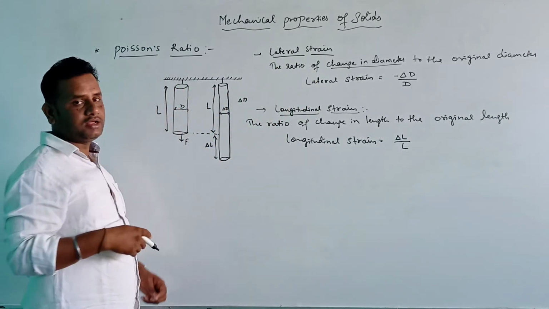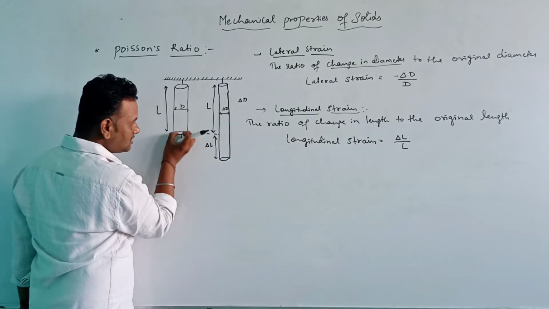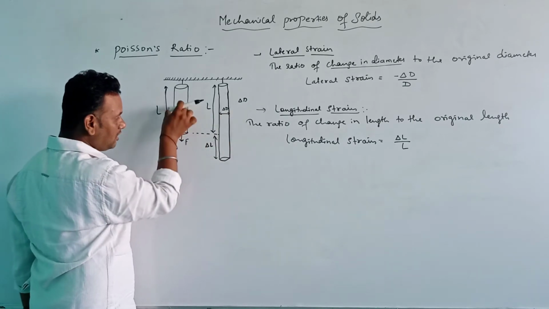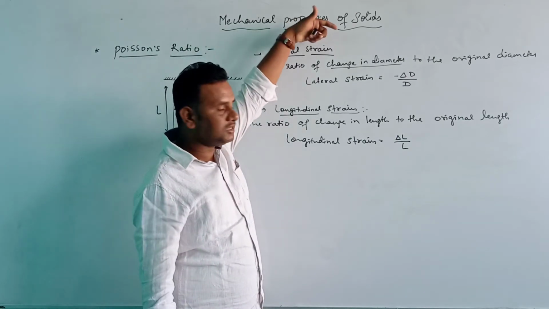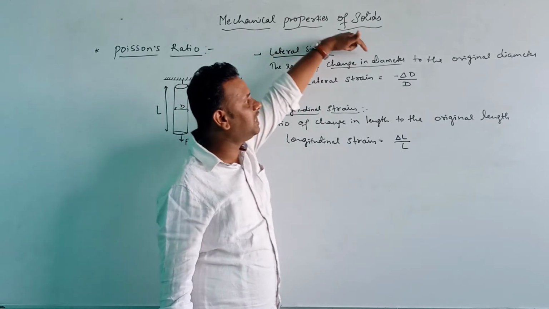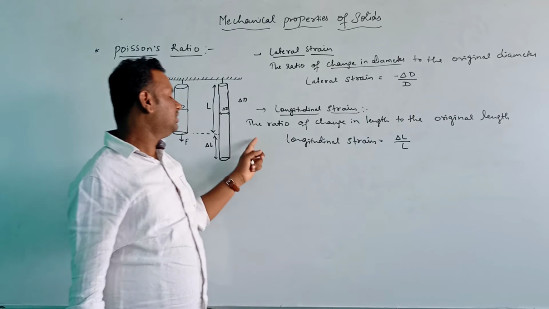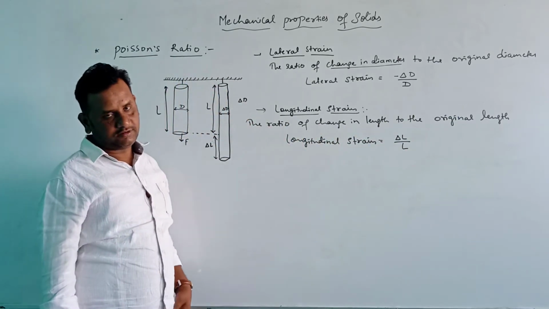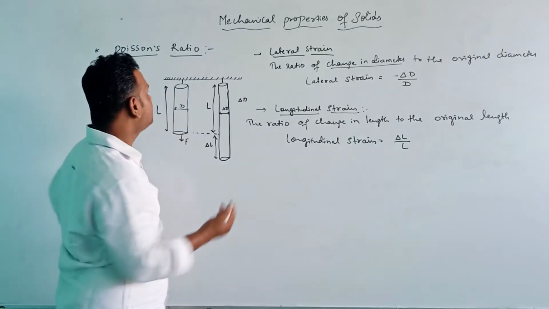In lateral strain, the diameter decreases: when we pull the bar downward and stretch it, the diameter decreases and the length increases. The ratio of change in diameter to the original diameter is lateral strain, and the ratio of change in length to the original length is longitudinal strain. Hence we define Poisson's ratio.